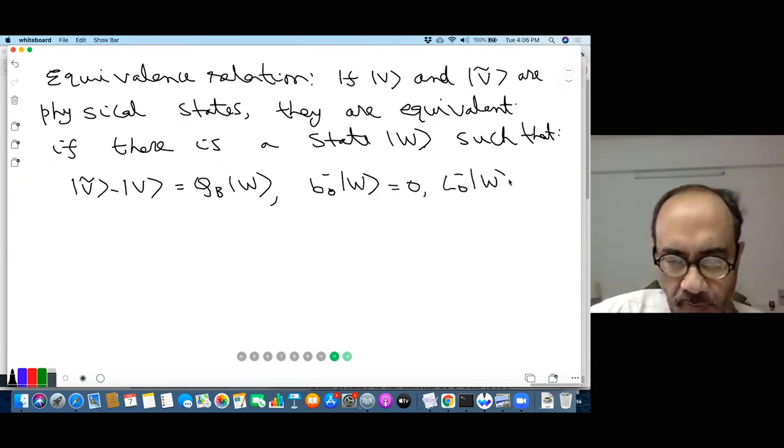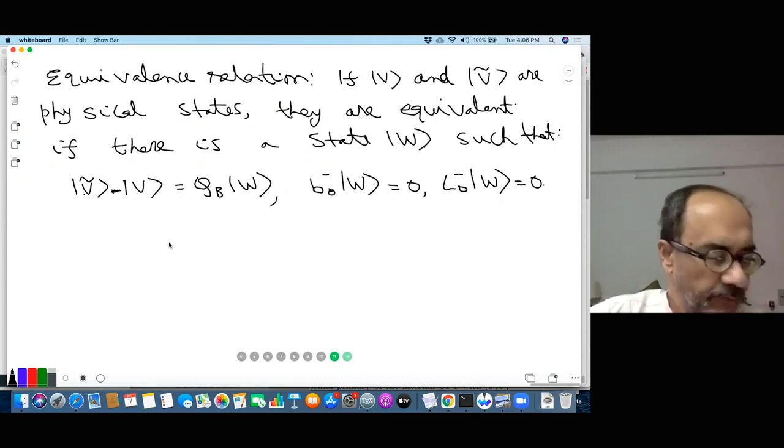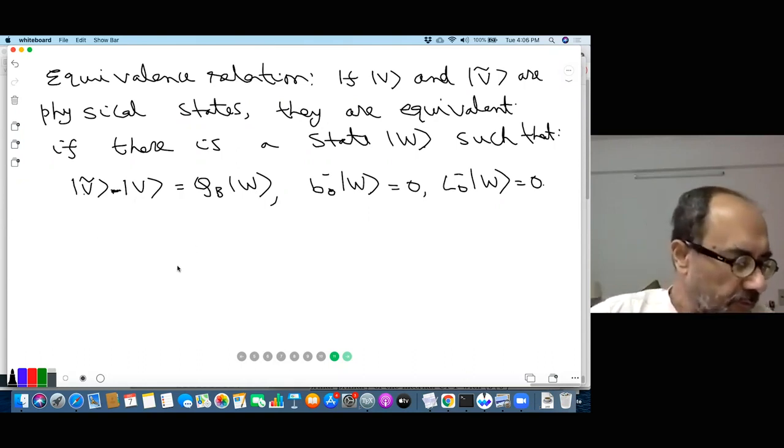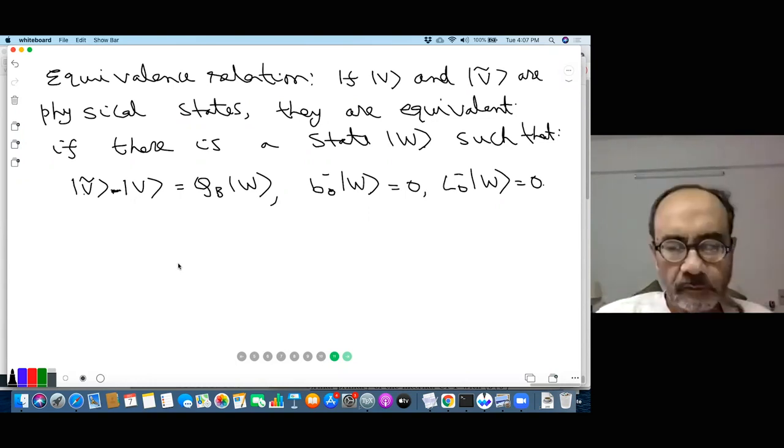So if W satisfies these conditions, and if V tilde minus V happens to be of the form QB W, then you will declare V tilde and V to be equivalent. And we'll encounter examples later where it will become clearer what this equivalence really means. Are there questions?